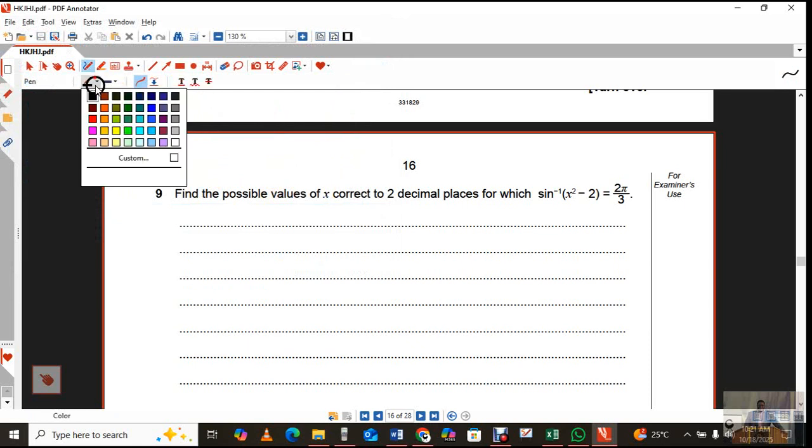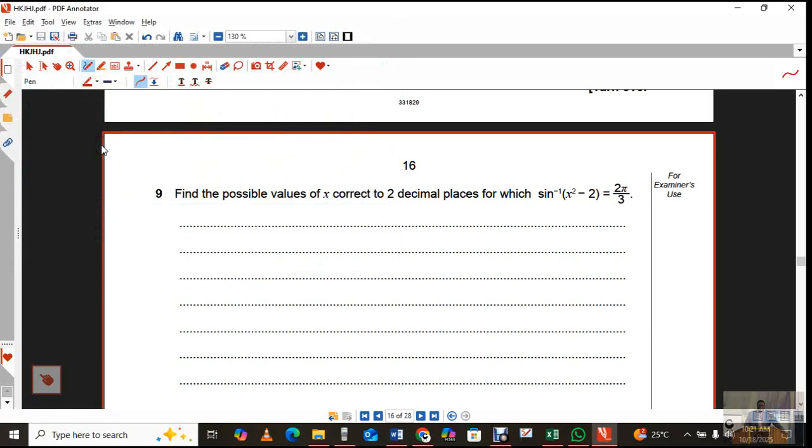Question 9. Find the possible values of x, correct to 2 decimal places, for which arcsine of x squared minus 2 is equal to 2 pi over 3 radians. All right.